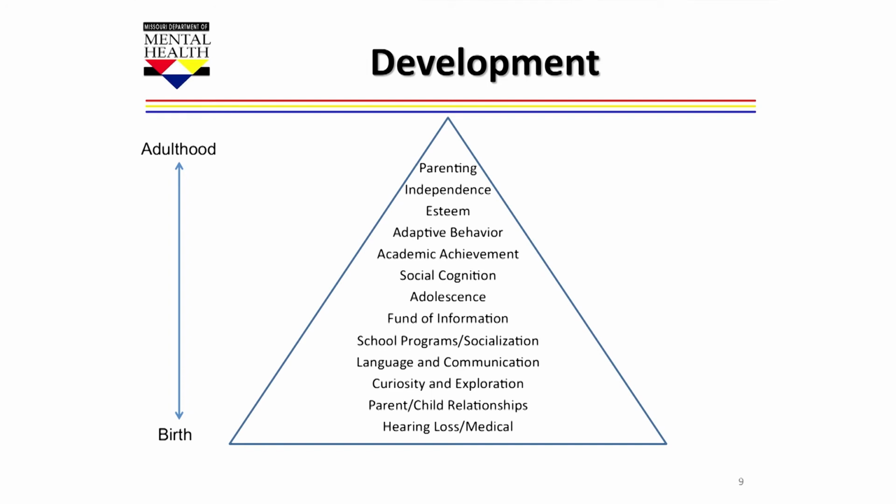We've talked a little bit about fund of information, and we will continue to talk about fund of information and fund of information gaps throughout this video series. But the fund of information that child is able to obtain is going to be impacted by all of the previous windows of development.